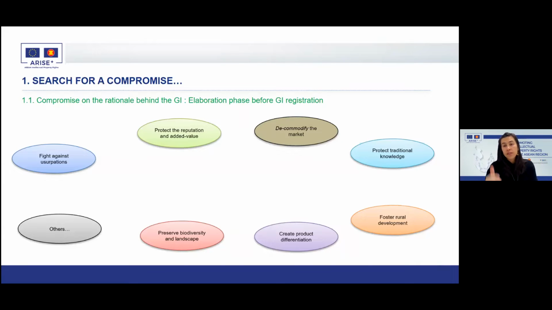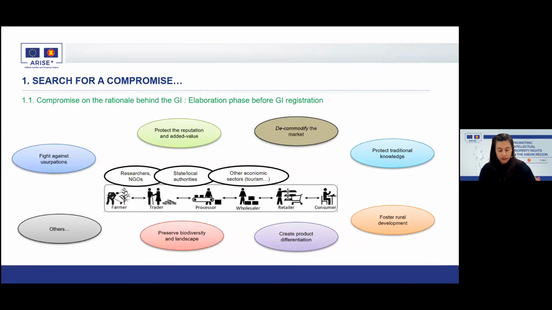In front of these very various rationales and justifications, we have stakeholders with their own activities, their economic power, their capital, social capital, their personal and professional objectives. So they are all very different one from another.